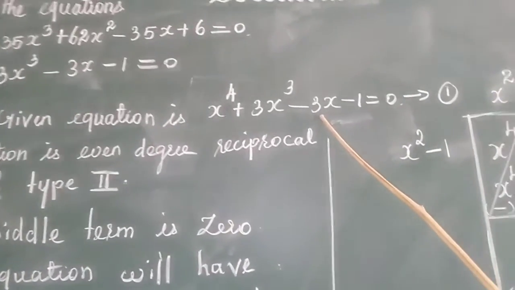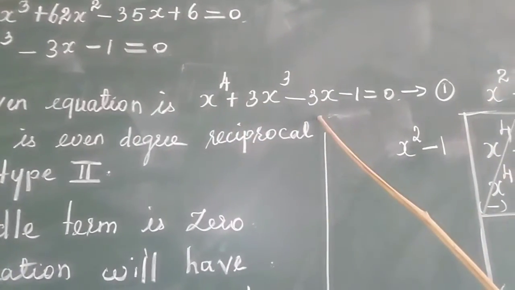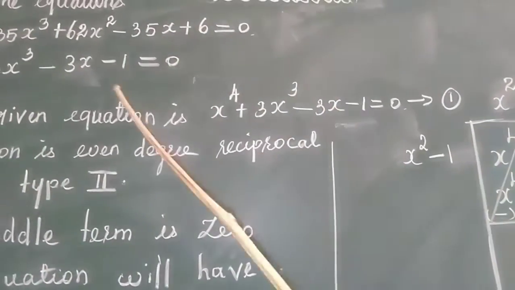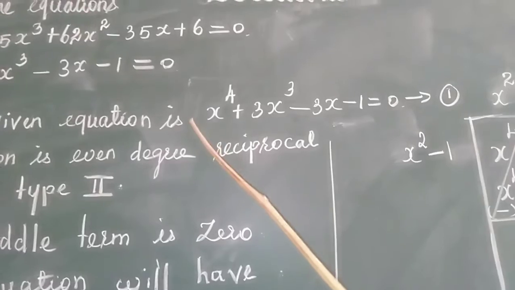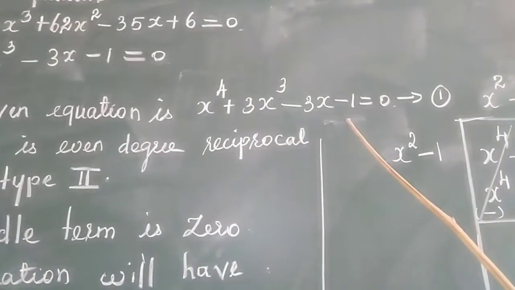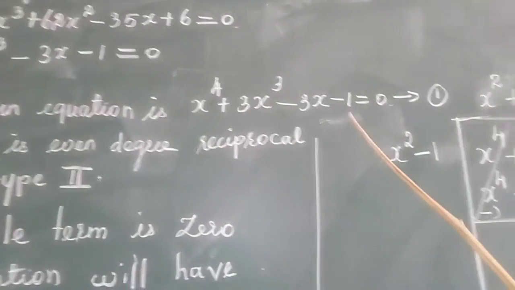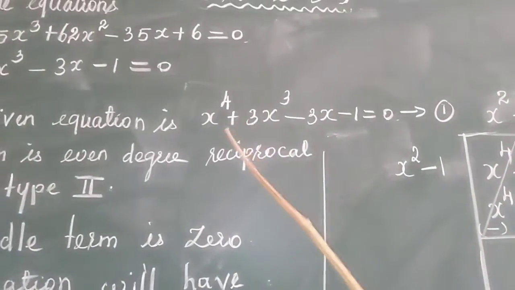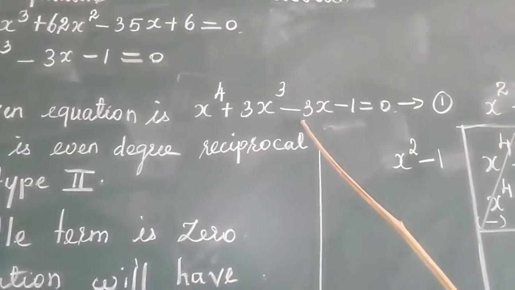Now we can see there is a little change compared to the first subdivision. In the first subdivision the coefficient signs were the same, but here it is different. This is plus and this is minus. The same way here this is plus and here there is a minus.